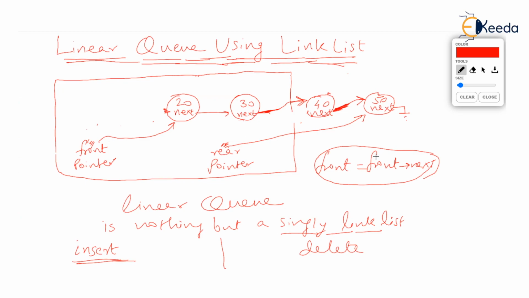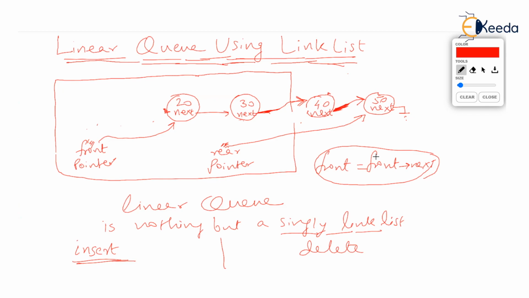One more advantage of using linear queue using linked list is that you can actually release the memory by calling some function like free, and you can return the memory back to operating system when you are calling delete, isn't it? But that's not possible when you use array. You may delete a value in the array, but that element will be still there in the array.